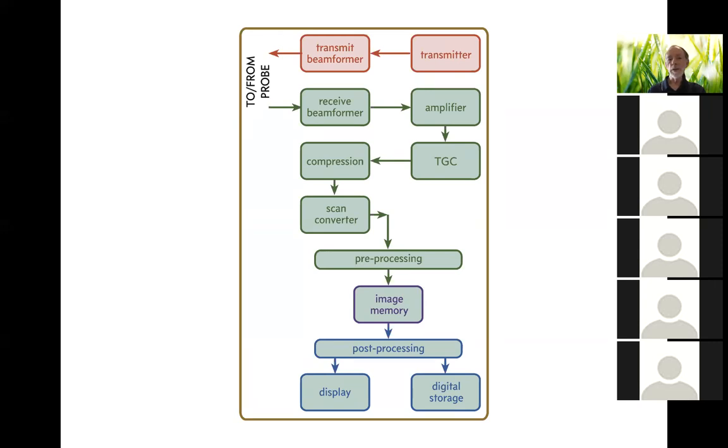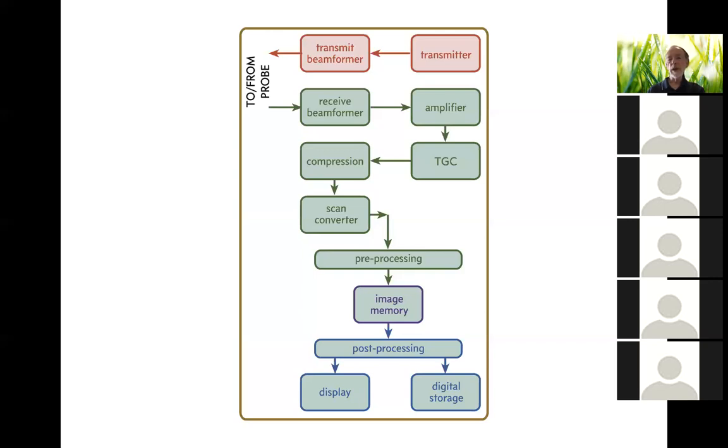Again, there's a whole series of delays which act to focus the beam and to direct it in the right direction. Once the received beamformer has operated, it combines the echoes together to form a single echo signal, which must then be amplified because it is so weak.